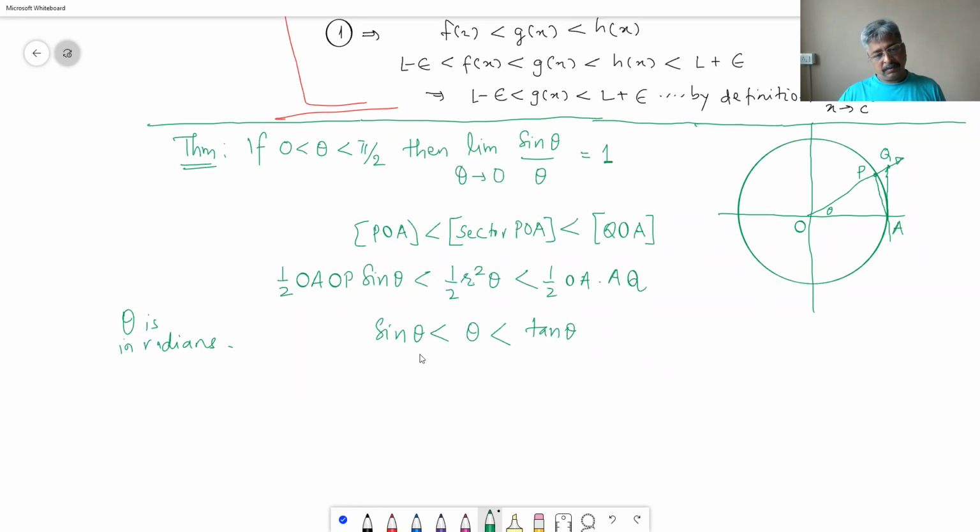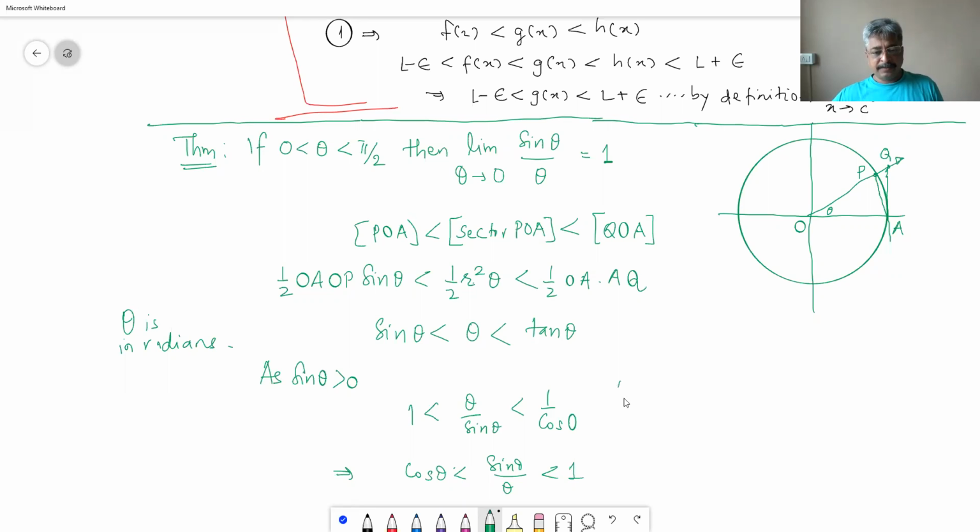Now, therefore, can you divide everything by sine theta, as sine theta is greater than 0? 1 is less than theta upon sine theta, which is less than tan theta upon sine theta, which is cos theta. If we flip the inequalities, we will get cos theta is less than sine theta upon theta, which is less than 1.